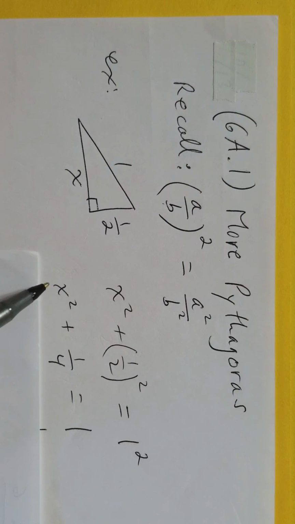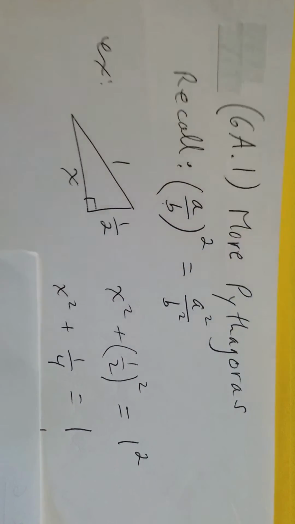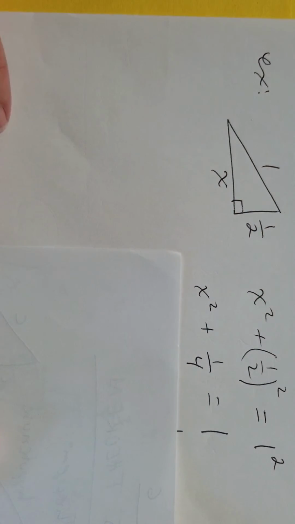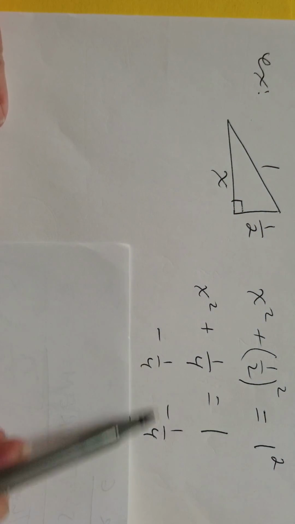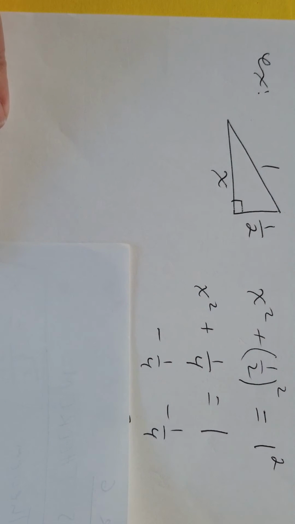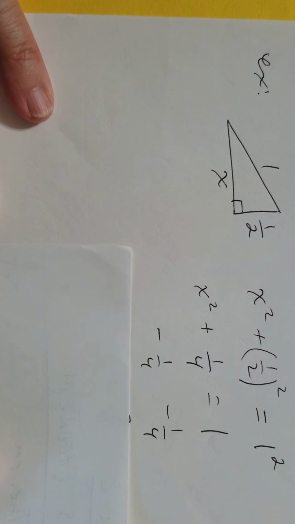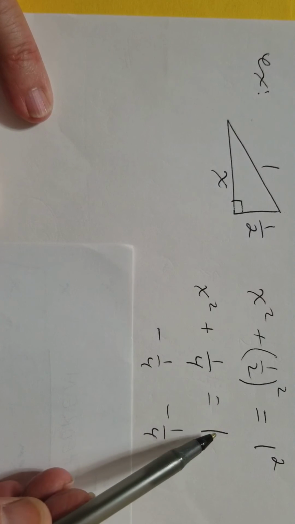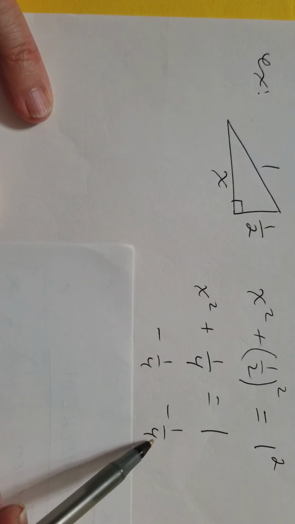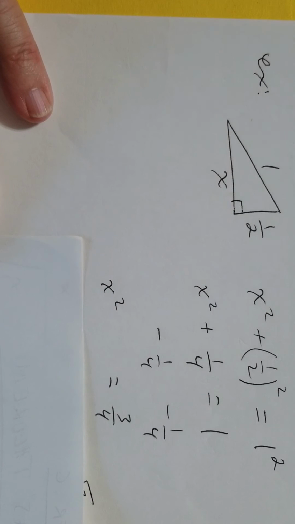Now what? Well, I'm looking for x, so I have to subtract 1/4 from both sides. Minus 1/4, minus 1/4. Whether you can do it in your head or not, you can find common denominators and do it on paper. But if you have a good calculator with fractions, just hit 1 minus fraction 1/4, and you'll get the answer. x squared equals 3/4. Done?